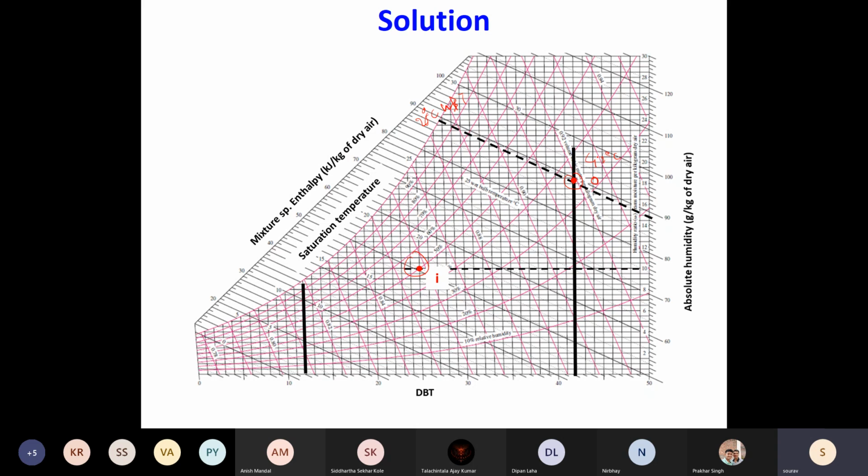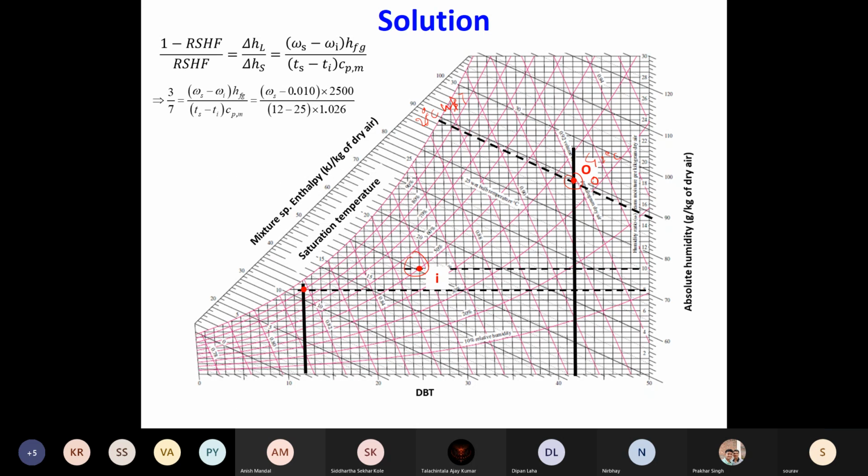Okay, and then it is given that 50% is the requirement for ventilation. So 50% outdoor and 50% indoor. So it is very simple. You mark the midpoint of I and O. So that would be the air which enters the cooling coil.